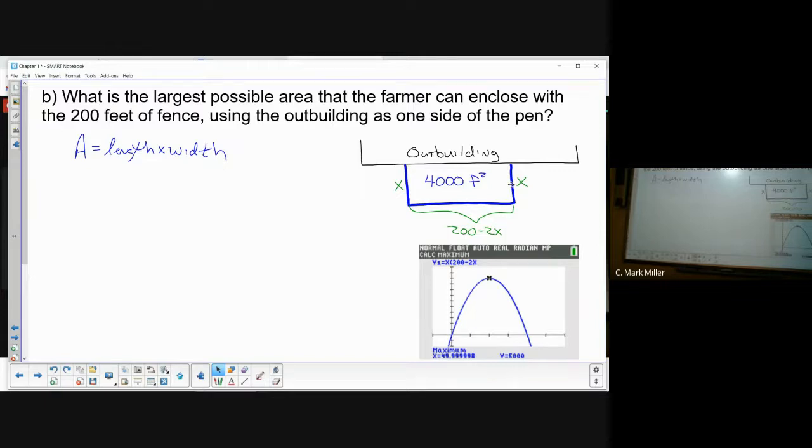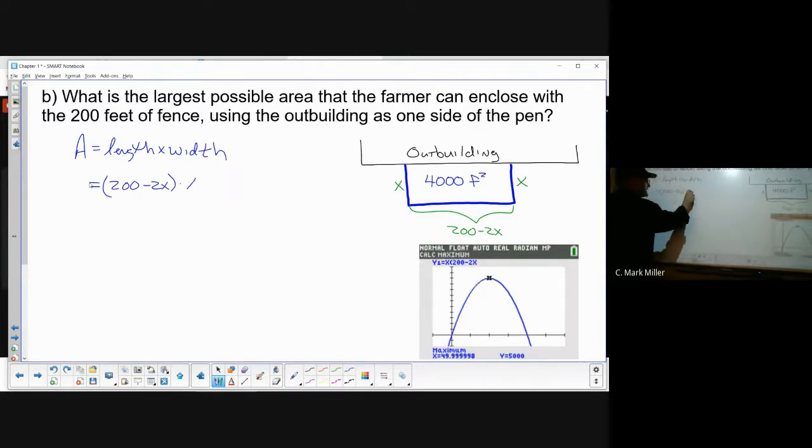But you see that the area is length times width. What's my length? 200 minus 2x. My width, x. So that's going to be 200 minus 2x, times x. That's my area.